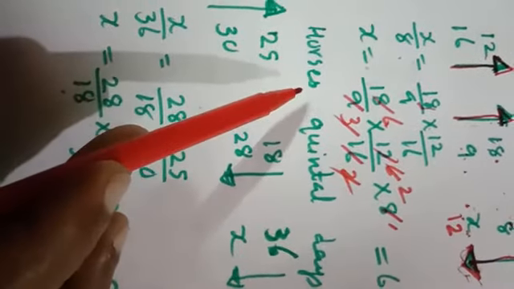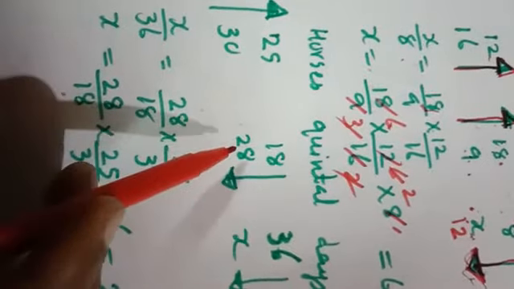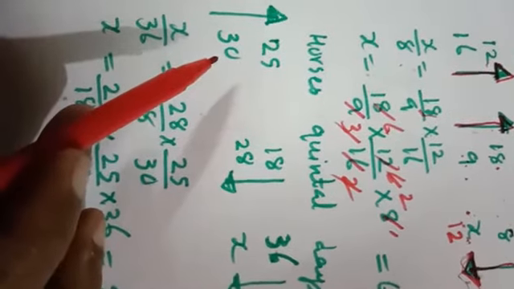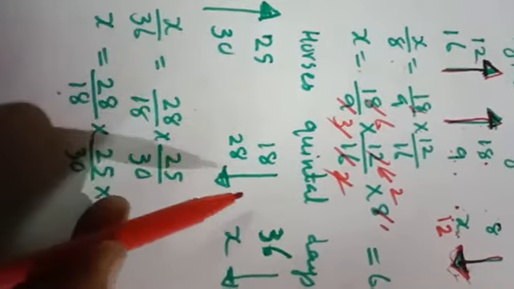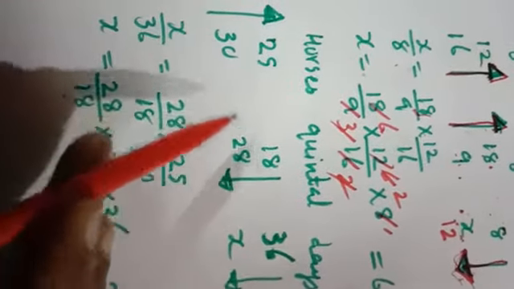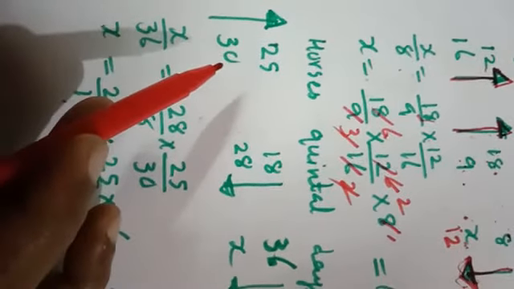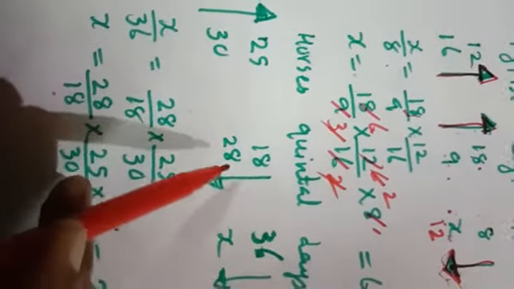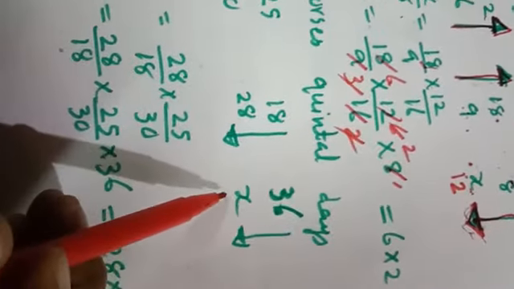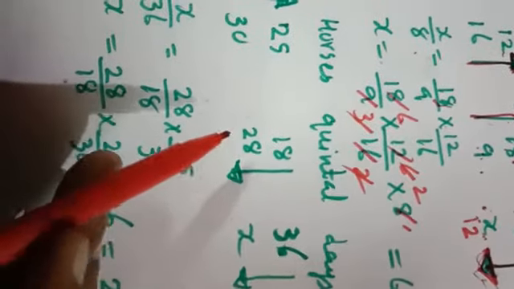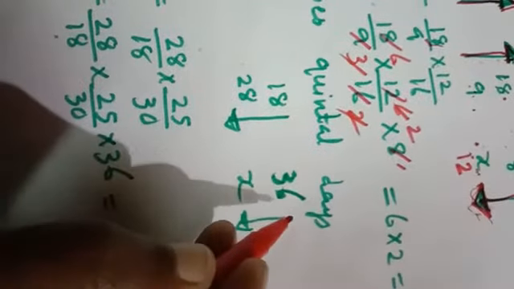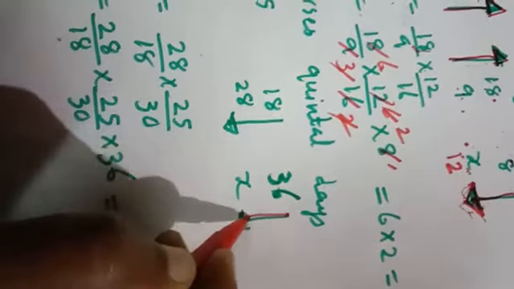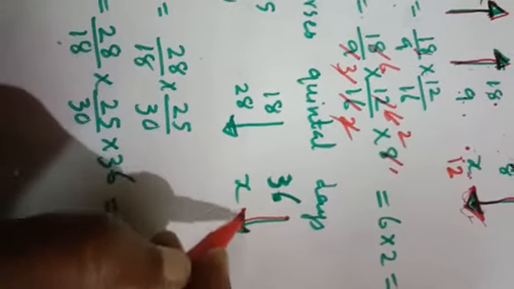Now the next line says 28 quintal is enough for how many days for 30 horses. So horses 30, quintal 28, and the days we want to find, so it is X. Now putting an arrow, this X we want to find, so you write X below, that is a downward arrow.